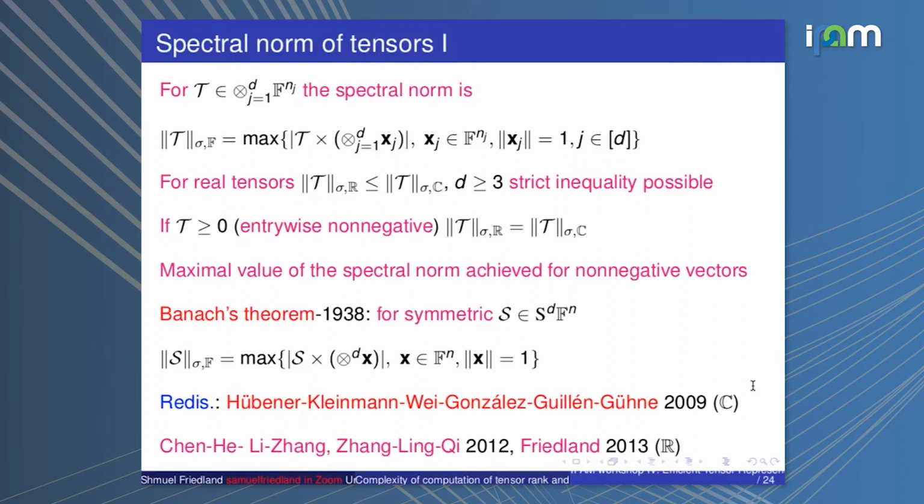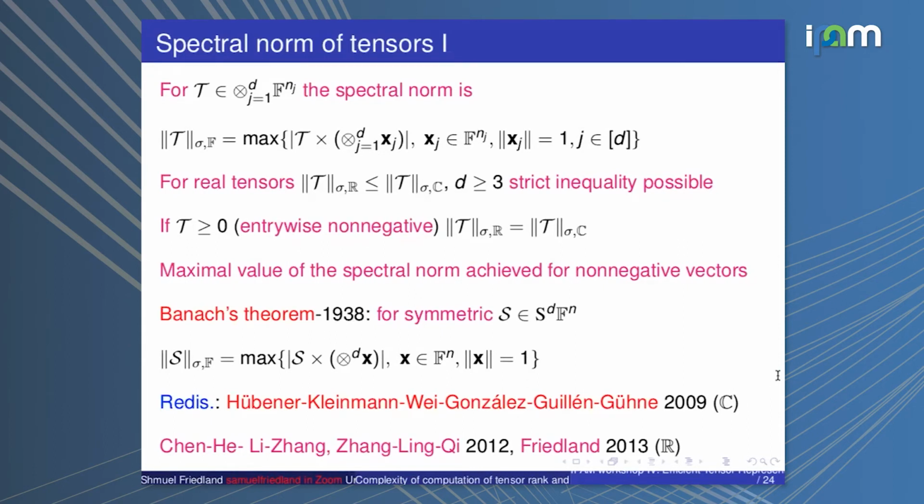Okay, so for tensors, we know that there is a difference if we take x real or complex; it's not the same. In other words, if I take a real tensor and look at the spectral norm over the reals, it can be strictly less than the spectral norm over the complex numbers. However, if the entries are non-negative, then it's the same, because you can choose x to be non-negative.